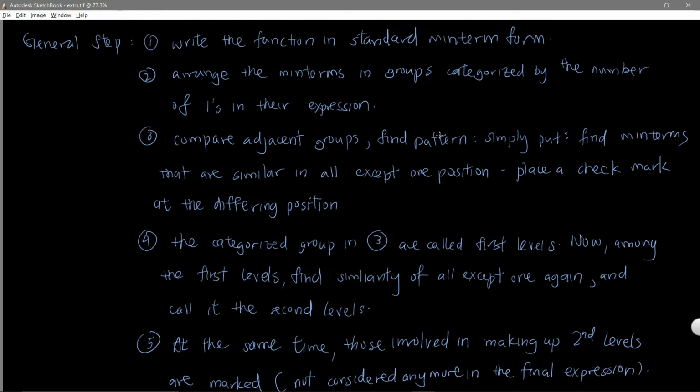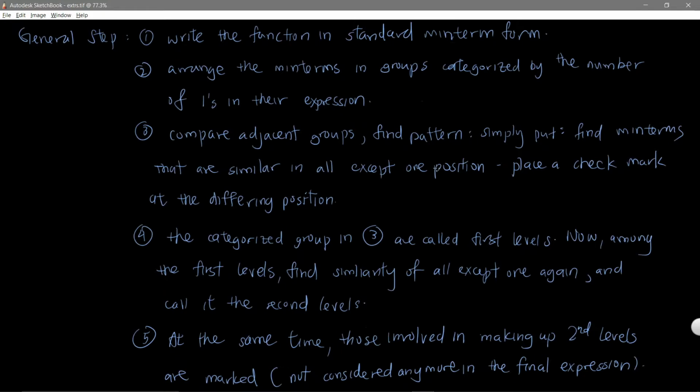So let us go through the general steps of doing a Quine McCluskey method first. Alright, on the first step, you want to write a function in a standard minterm form. What is a minterm? Let's say you have a 4 variable function here, and they are from this all the way to here, right?